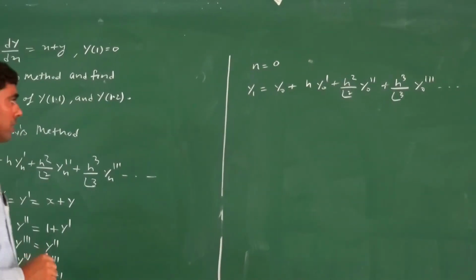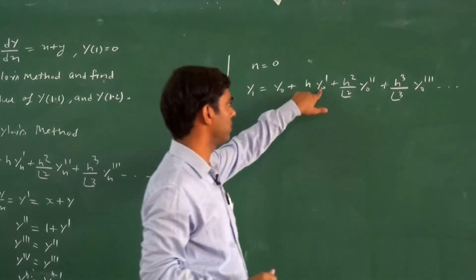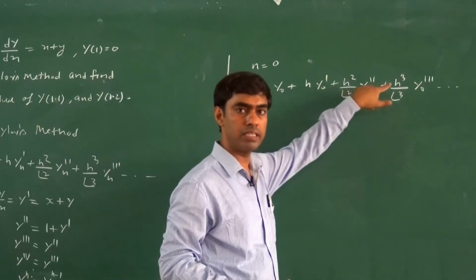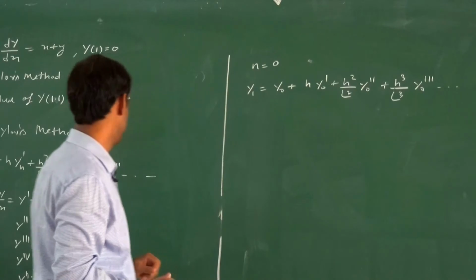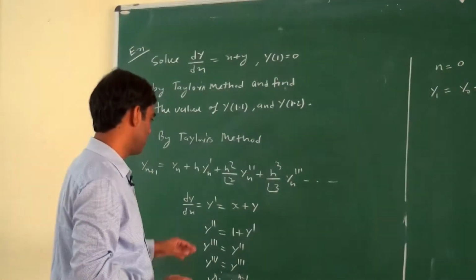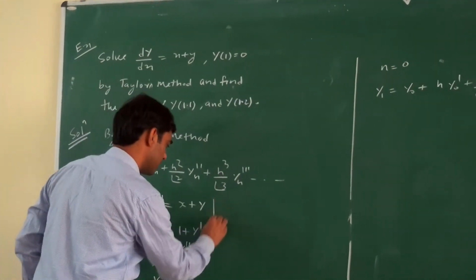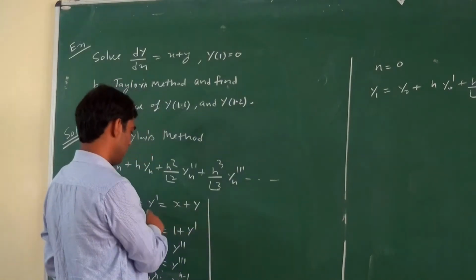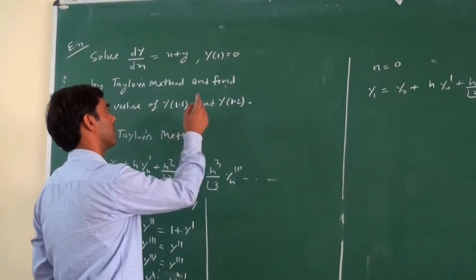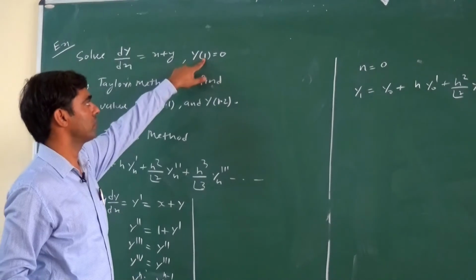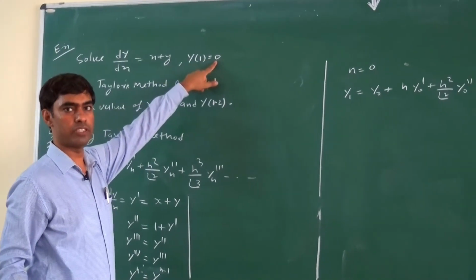Here, if we closely observe, there is a need for y0 dash, y0 double dash and y0 triple dash. How do we find y0 dash? By putting x equal x0. The value of x0 is 1 and the value of y0 is 0.